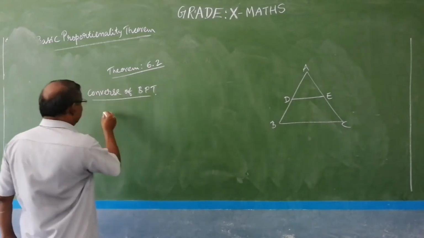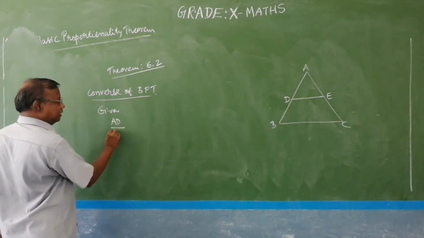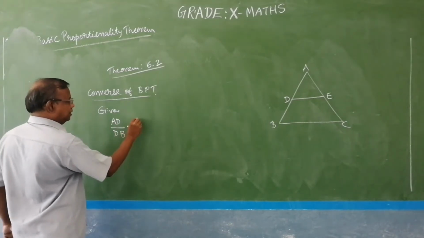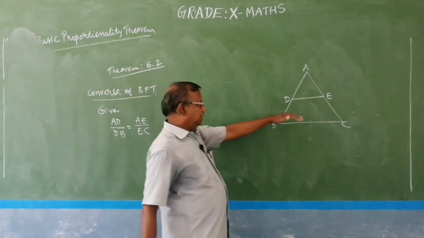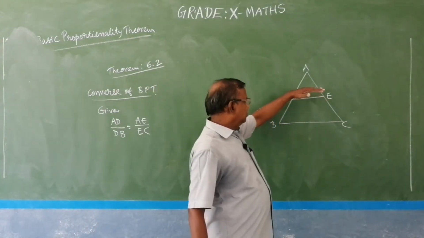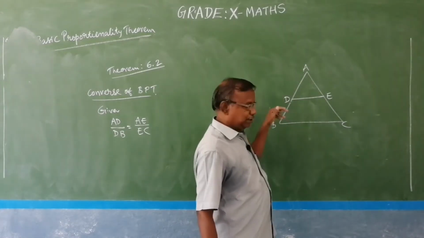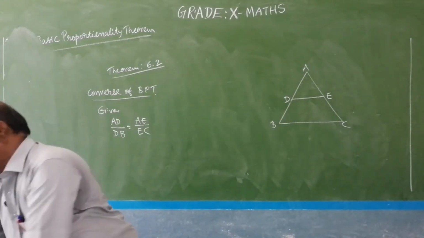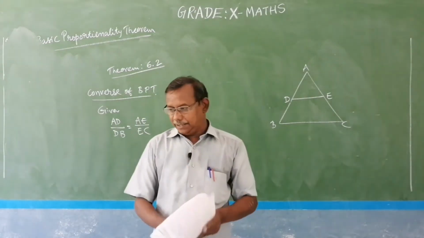That means given AD by DB equal to AE by EC. So if a line joining two sides divides the two sides in the same ratio, then what next? Then the line is parallel to the third side.